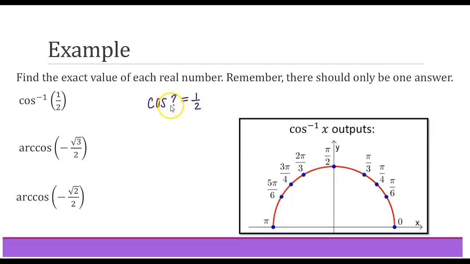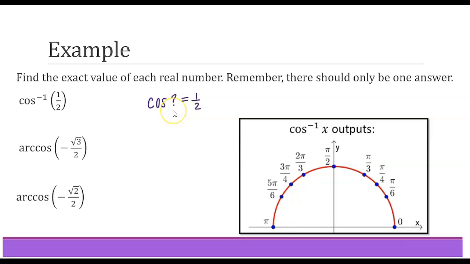We've solved equations that look like this before. We solved, okay, what angle do I plug in to get out 1/2? But usually we solved this on the entire unit circle, on 0 to 2 pi. Because we're talking about cosine inverse, we have a restriction. The only outputs for cosine inverse are in quadrants 1 and 2, so angles between 0 and pi.